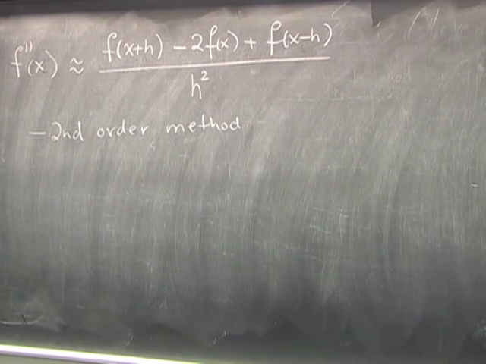You can have 4th, 5th, as long as you're willing to do the work and take more terms. So the way to find out the order of the method is what we're learning today. Taylor expansion, and then see how many terms cancel. What's the leading error? That tells you the formal order, provided the function you're trying to differentiate is differentiable at all.